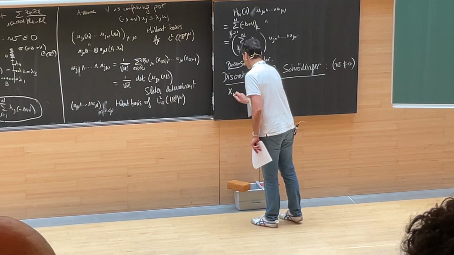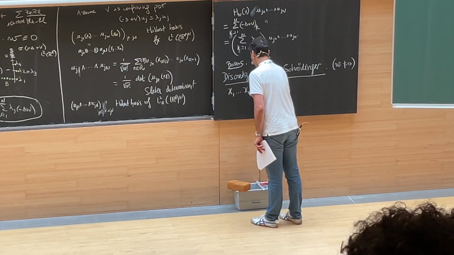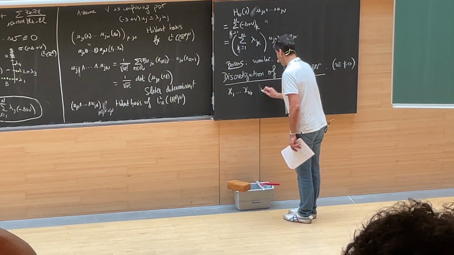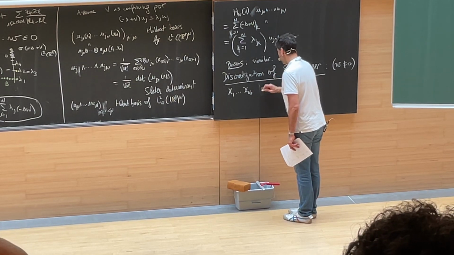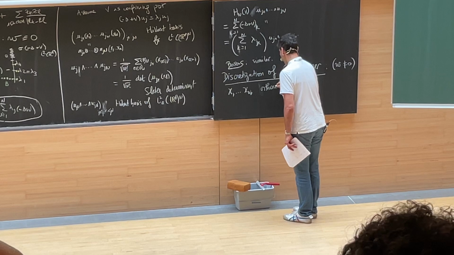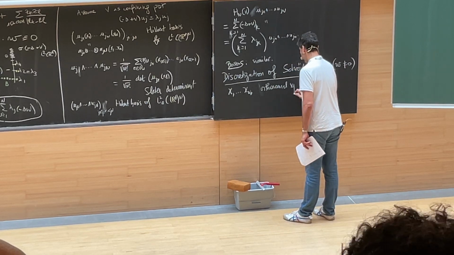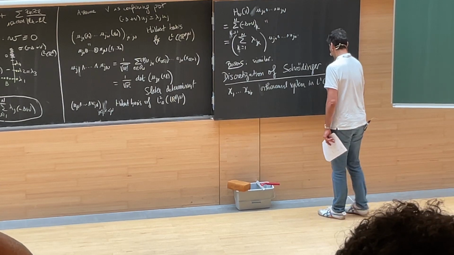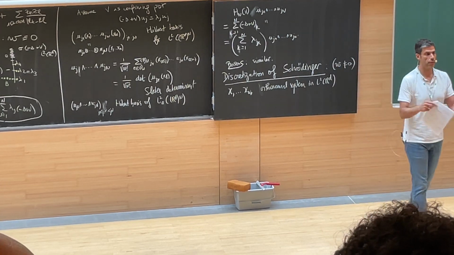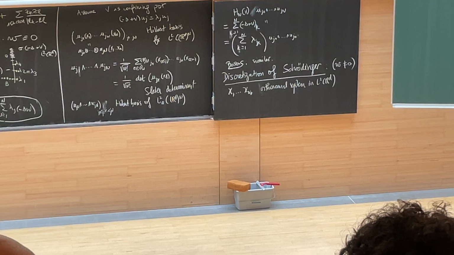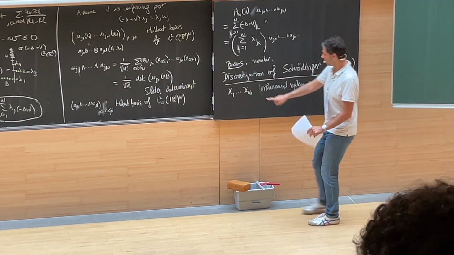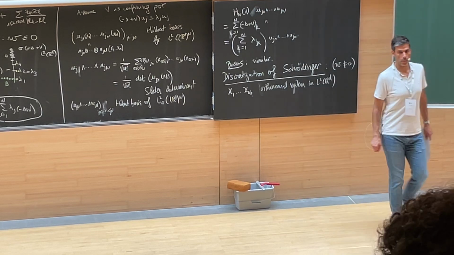You take some chi_1 to chi_B, some orthonormal system. Let's assume it's orthonormal for simplicity, in L2 of R^d. You can think of finite element or something. And B is the number of functions in your discretization basis.